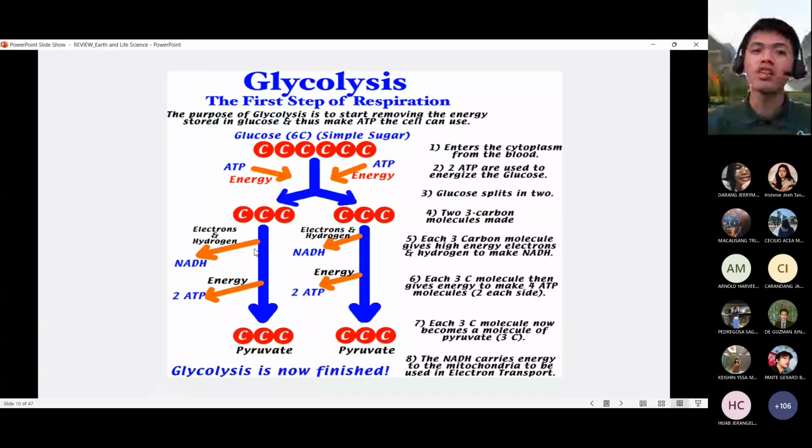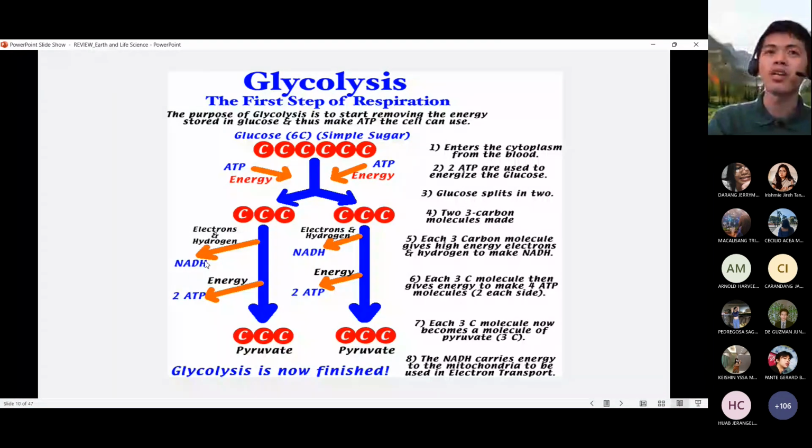Now we also have here the pyruvate molecules, which are the product for every three carbon molecules. Whenever we have three carbon molecules here, we can synthesize one pyruvate molecule, a three carbon molecule. Now, during this process, we can reduce NAD plus to NADH.